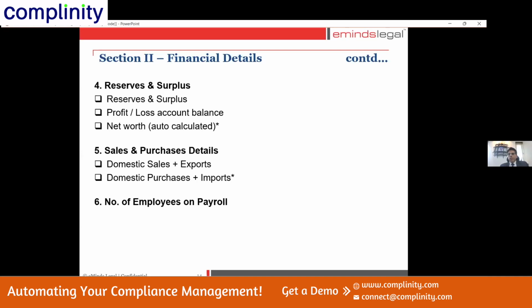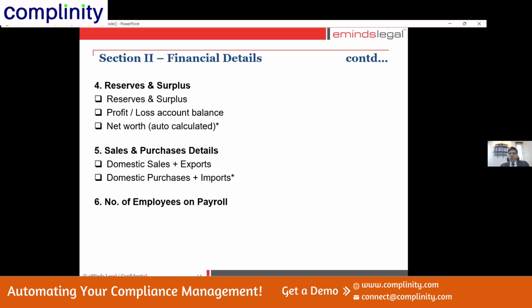Similarly, purchase figure. Purchase also we have to consider from the profit and loss accounts. Total expenses mentioned in your profit and loss account, excluding depreciation, will be considered as domestic purchase, which means the cash expenses. Then imports, if any, will be mentioned separately.